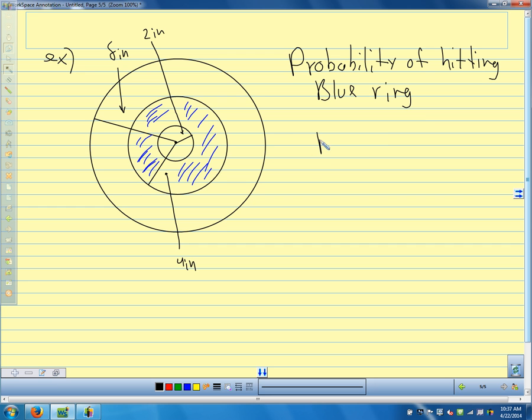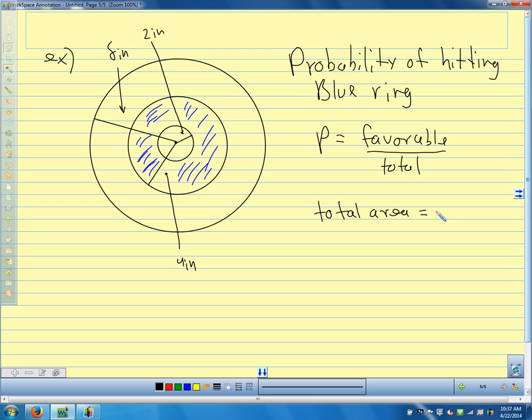Well, a probability is always the favorable divided by the total. Here we're talking about area, favorable area divided by the total area. How do we find what is the total area that we're talking about here? The area of what?